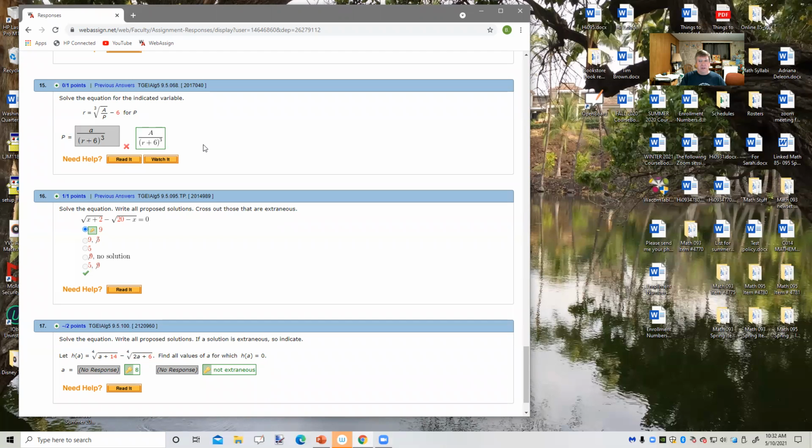And in a formula, a capital A and a lowercase a are not the same thing. There are formulas where you have both versions of the same letter, a capital letter and a lowercase letter, standing for different items. So the only thing wrong with this answer is that the A needs to be capitalized.